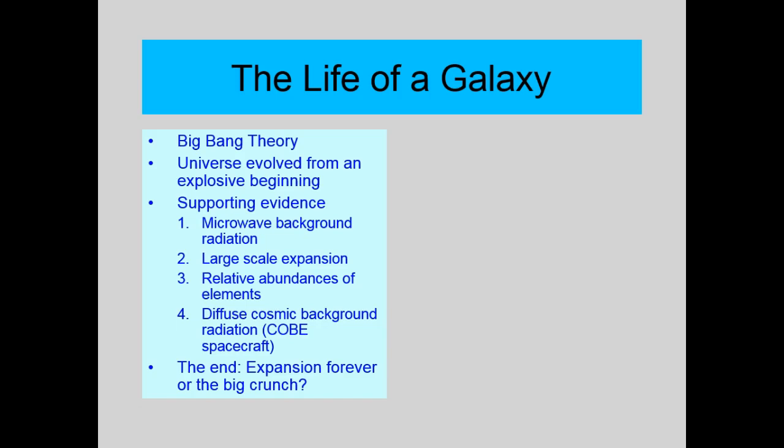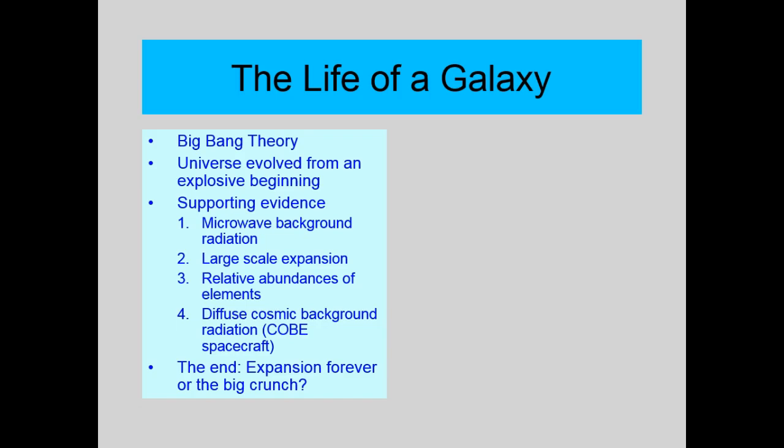Now, the relative abundances of the elements, that's sort of an abstract kind of a concept here. You would think everything would be iron if that's what everything goes to and then drifts away from it. But you've got a lot of those heavy elements out there. Well, that's not enough to be supported maybe by all these supernovas. So there had to have been something back there to make these really heavy elements.